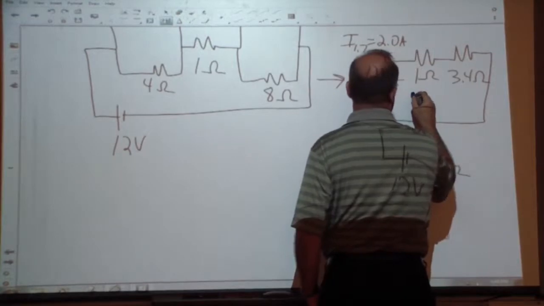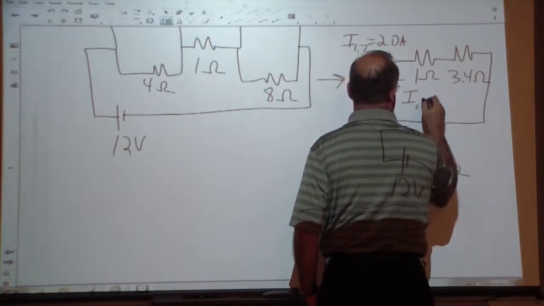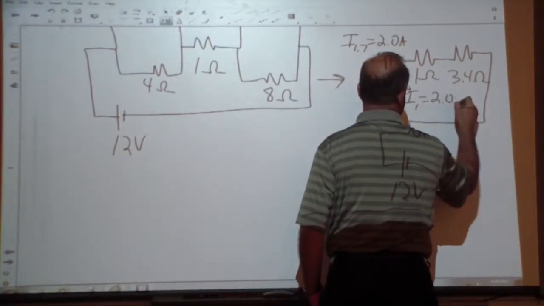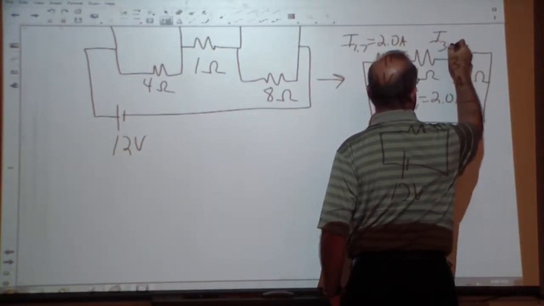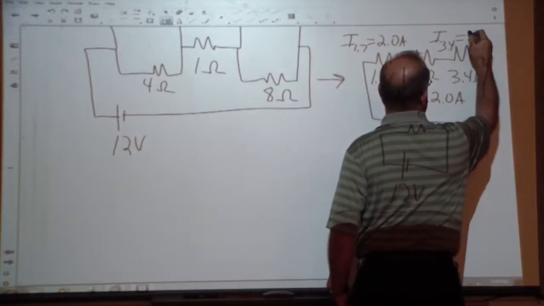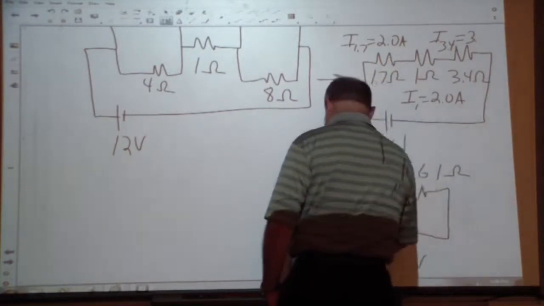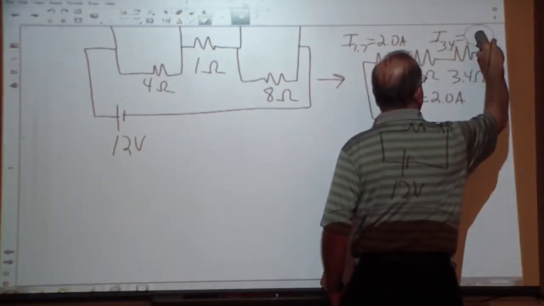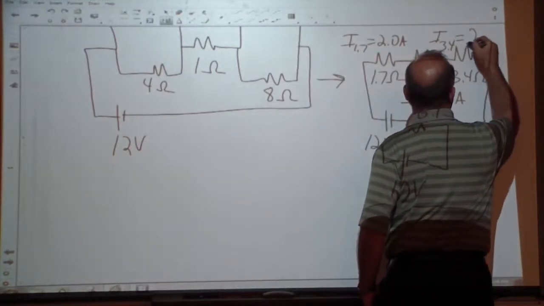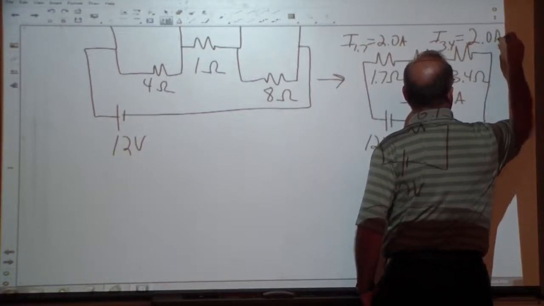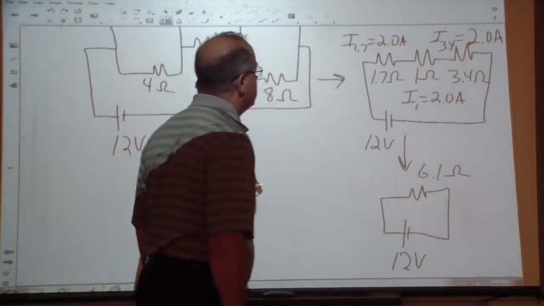I'm going to put this down here. I1 equals 2.0 amps. There you go, all of them at 2.0 amps.